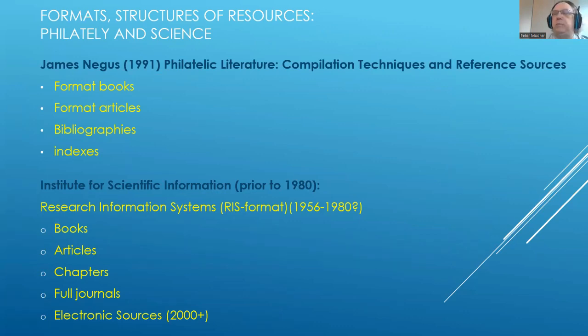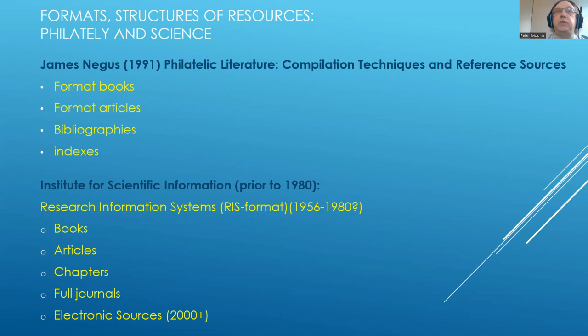Then if you put something in a database, you need an idea how to get it into the database. And James Nagus in 1991 wrote a book on how to search for your references and your publications and how to write them down.